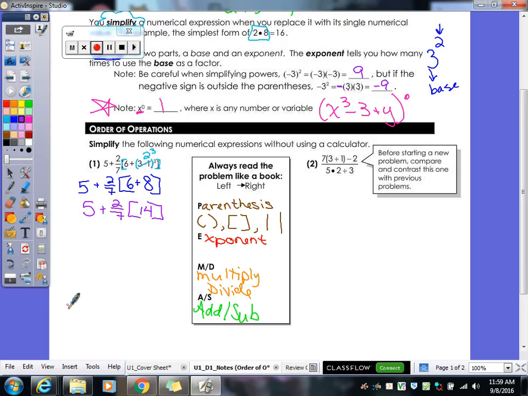And I just kind of gave you a hint. Which one are we going to do first? Are we going to add with the 5 or are we going to multiply here? Perfect. So go ahead and use your calculator if you need to. We're going to multiply 2/7 times 14. Make sure you put parentheses around your 2/7. What's that?